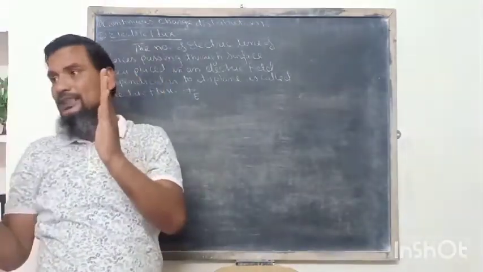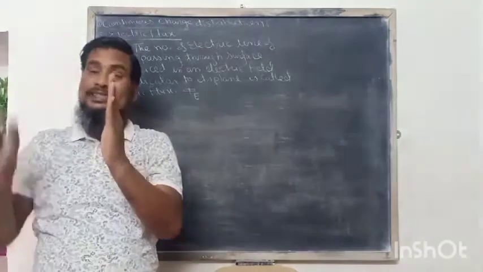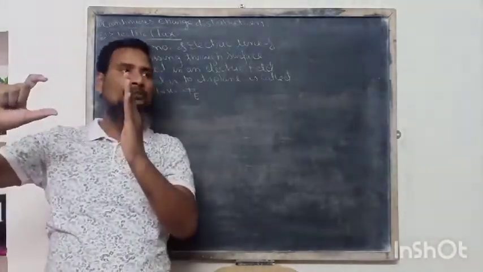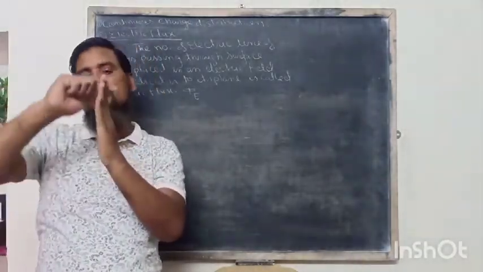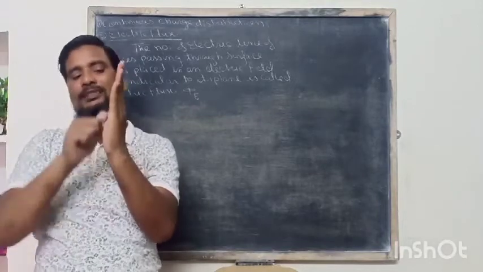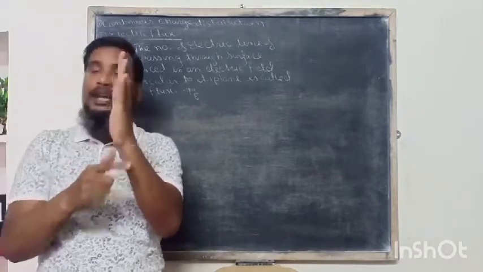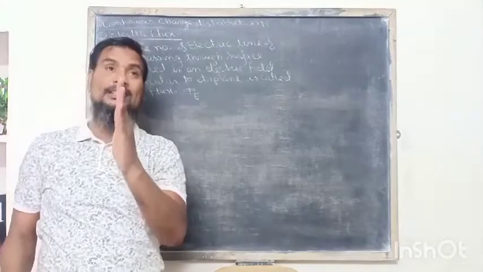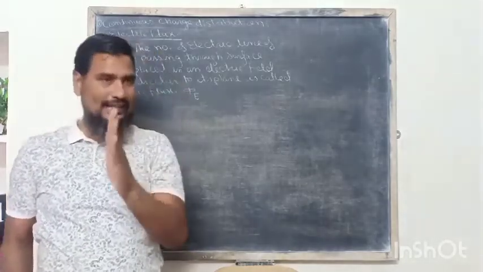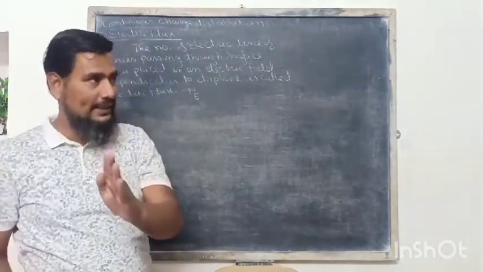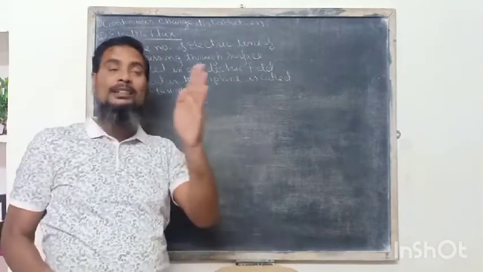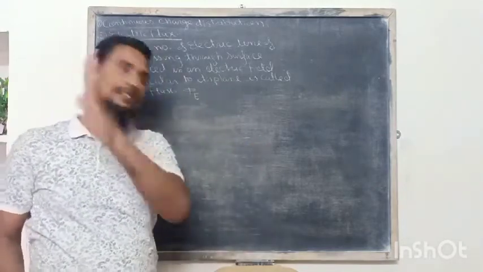If electric field intensity is less, the lines are farther from one another, fewer lines pass through this palm, and the electric flux will be smaller. Means electric flux is directly proportional to the electric field intensity.